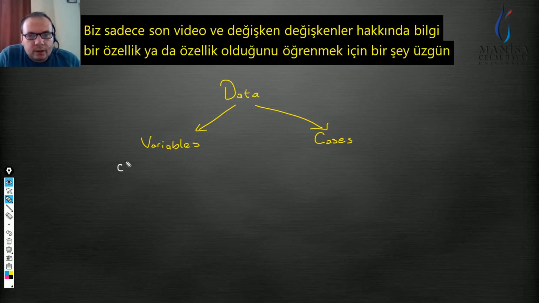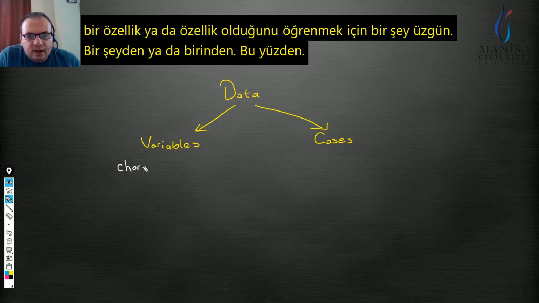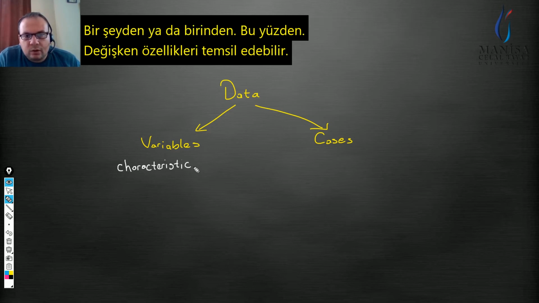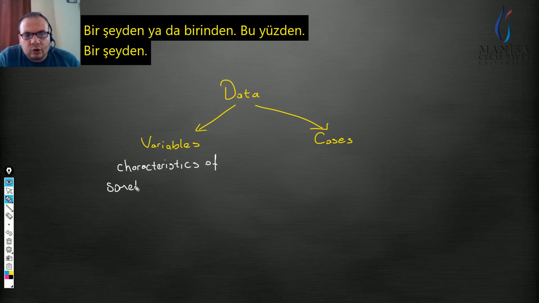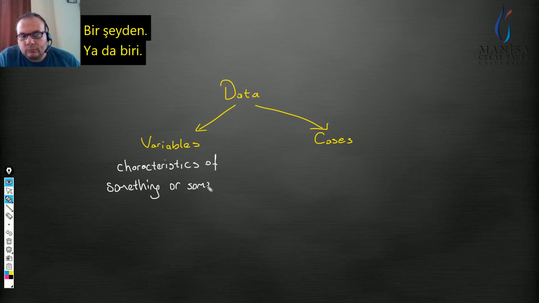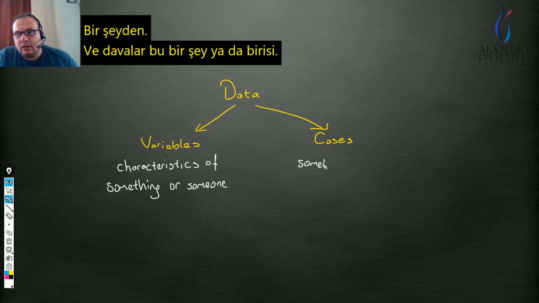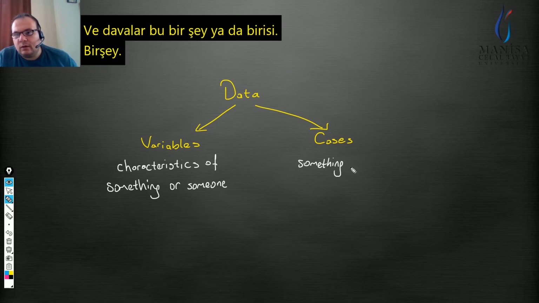So a variable can represent the characteristics of something or someone. And cases are this something or someone.